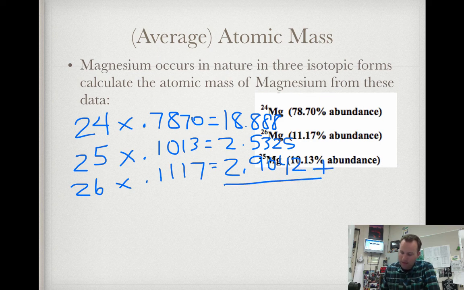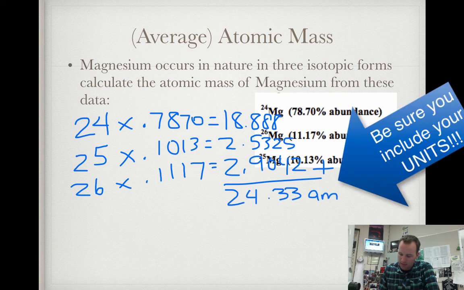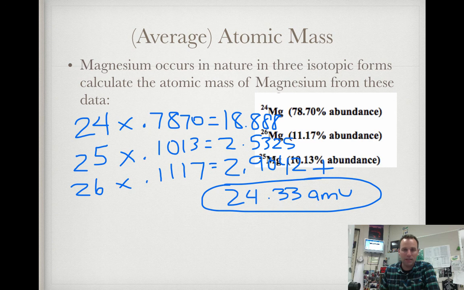So we're going to add up those numbers, add them all together. 2.5325 plus 18.888 plus 2.9042 equals 24.33 AMU. So there is your weighted average according to this data right here. Okay, notice I didn't do any dividing. I just wrote it out and then I added those numbers together.